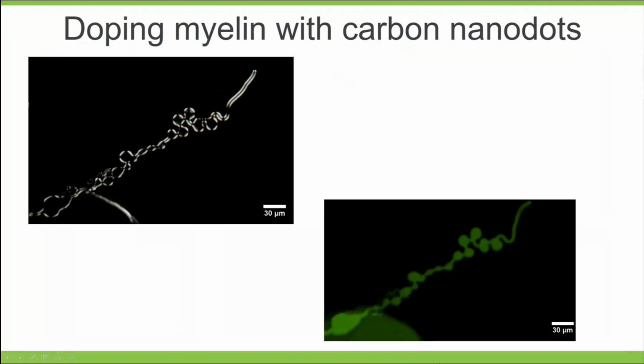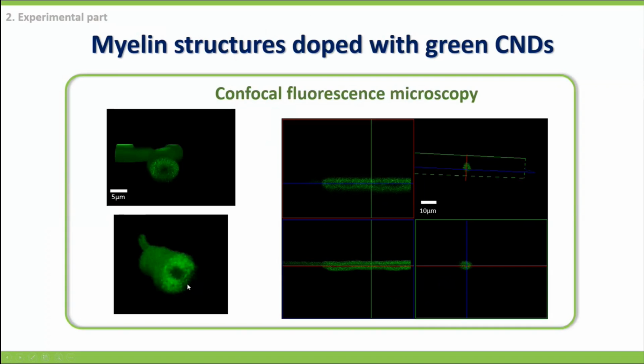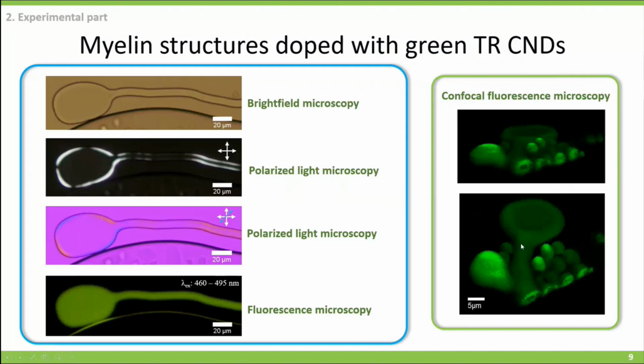As you can see in comparison of these two photos, they actually did not, probably because of their very small sizes. The hollow part of the myelin was also maintained, as well as the organization of the 3D structure. So the spoon-like structure was also achievable even upon doping with the carbon nanoparticles.